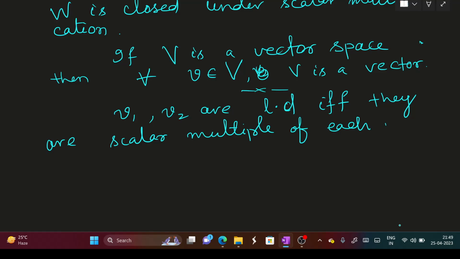If they are scalar multiples of each other, then they are linearly dependent, because if I change one vector, then automatically the other vector will change.